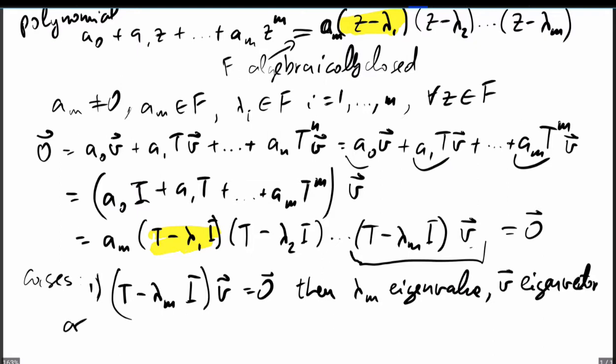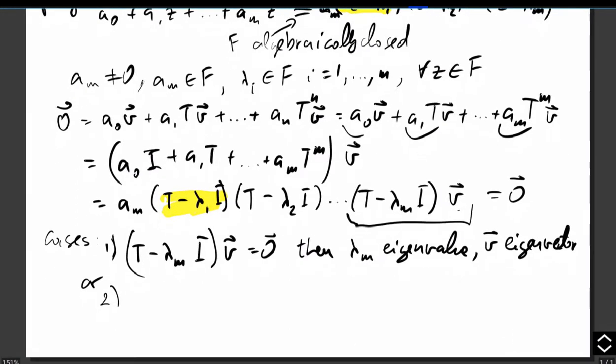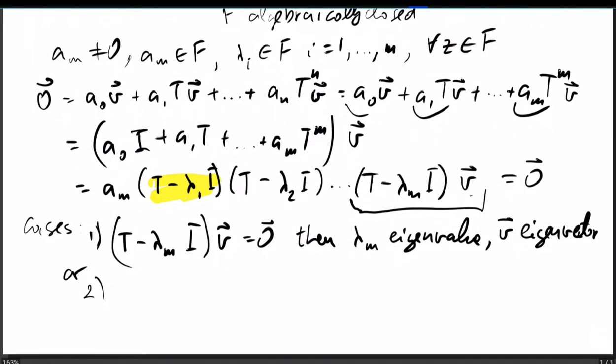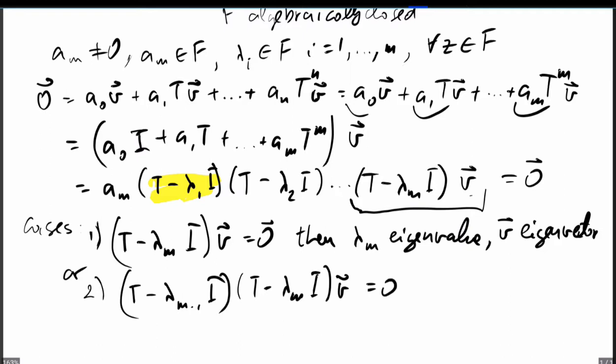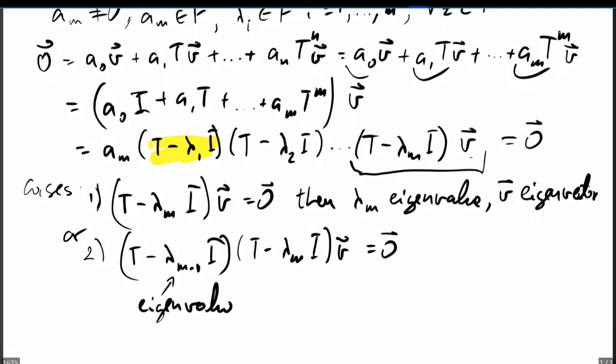If this is not the case, then we still have the possibility that this with the previous factor is zero. So T minus lambda m minus 1 I and T minus lambda m I applied to v is 0. So in this case, then this is an eigenvalue of T, and this vector will be an eigenvector because it's not 0, since it's not the first case that we have.